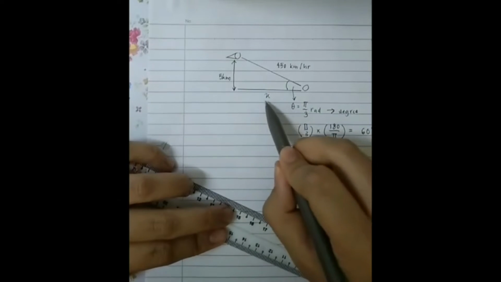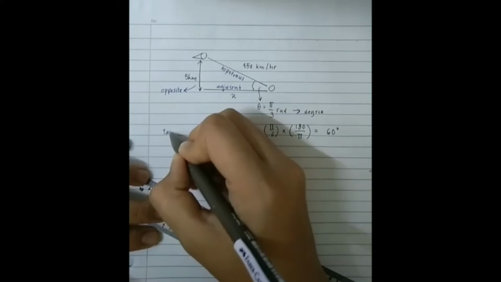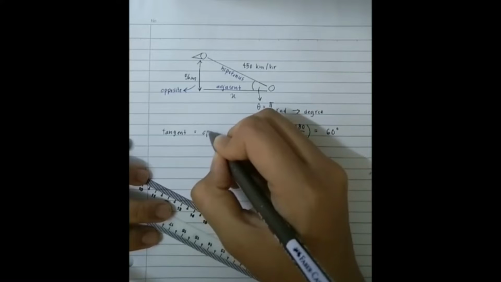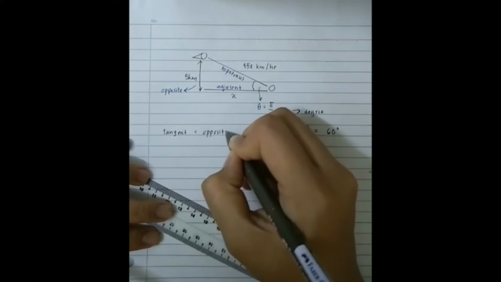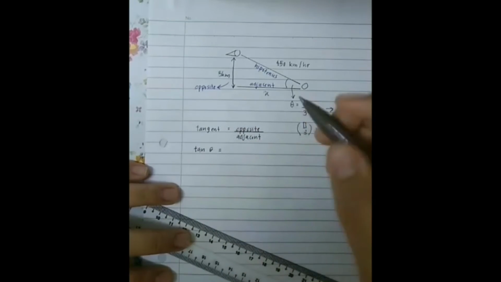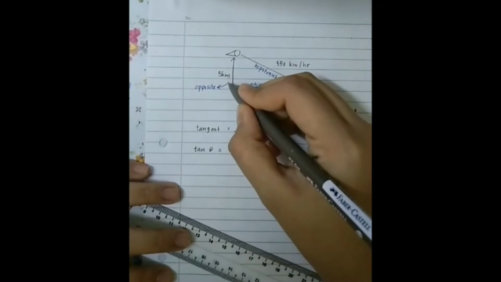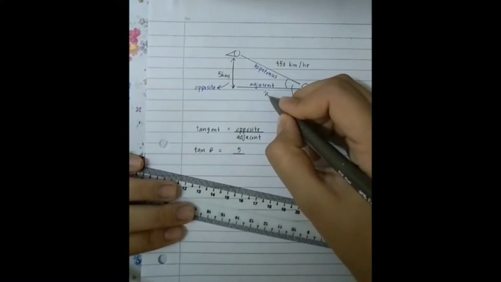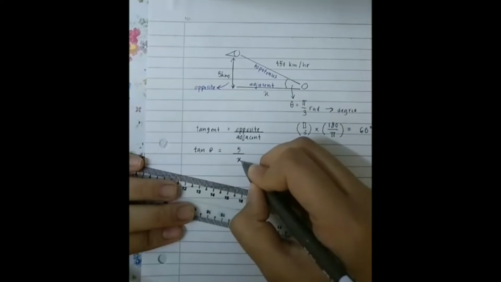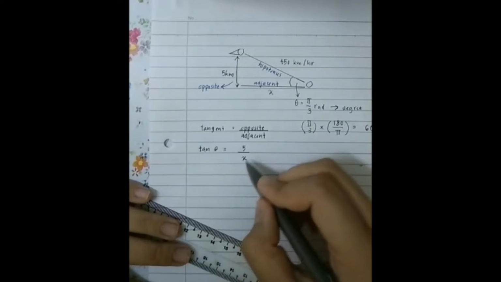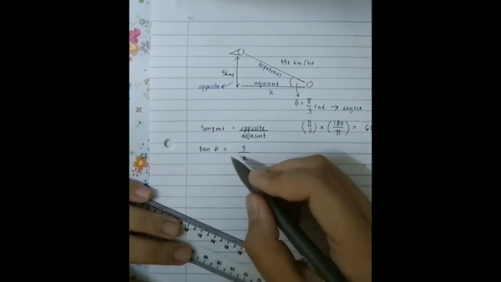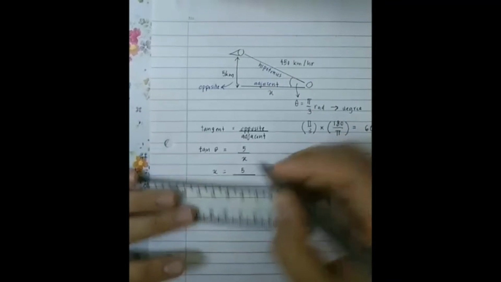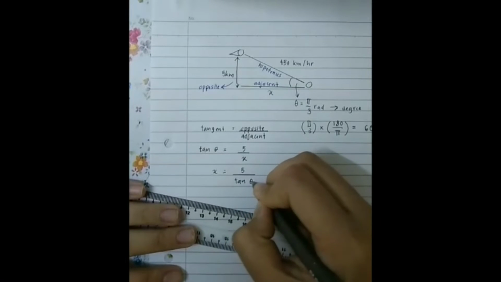We have to find the value of x. Tangent is equal to opposite over adjacent. Tan theta, the opposite, is 5 km and the adjacent is x. So now this is the equation that we got. We want to find the value of x, so we need to exchange the position.